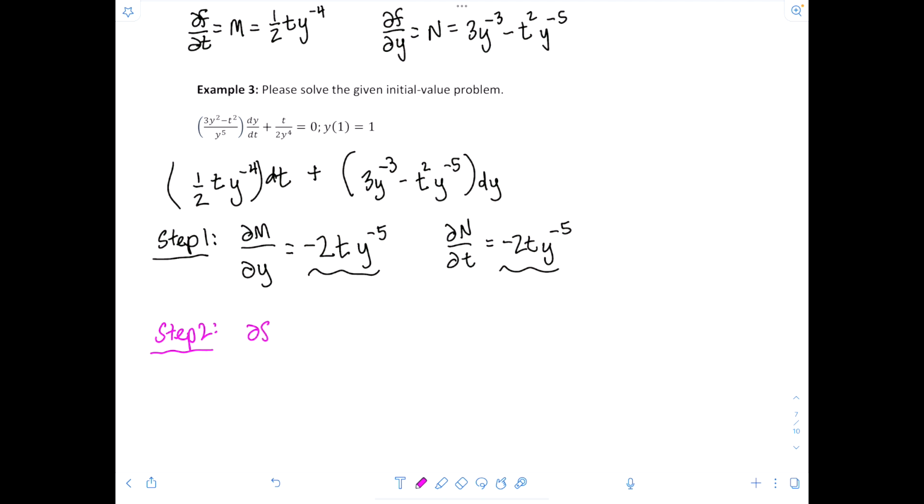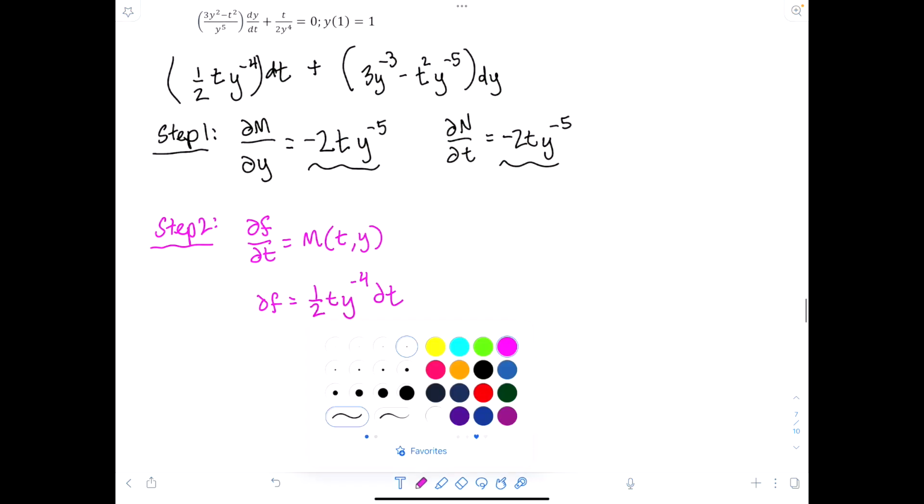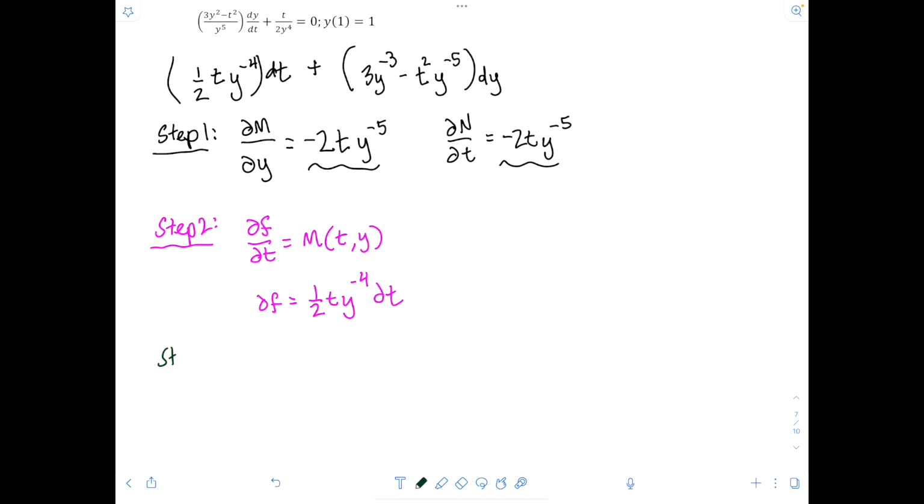So we're going to set up df dt is equal to m, and this time it's in terms of t and y. Actually, set it up like this, so we'll get df is equal to 1/2 t times y to the negative 4 dt. Cool? All right, third step, integrating.